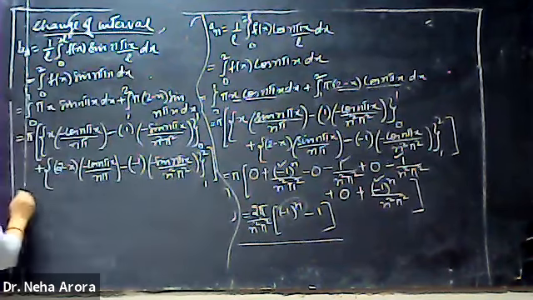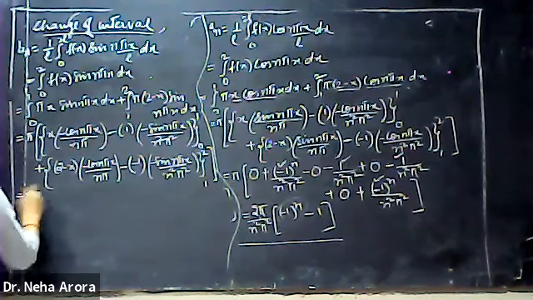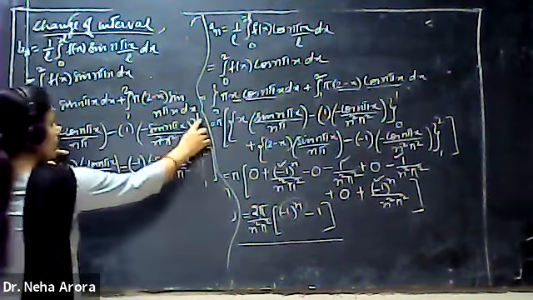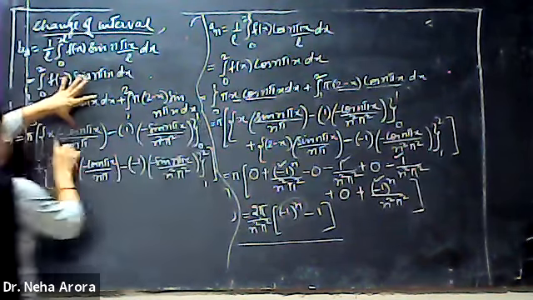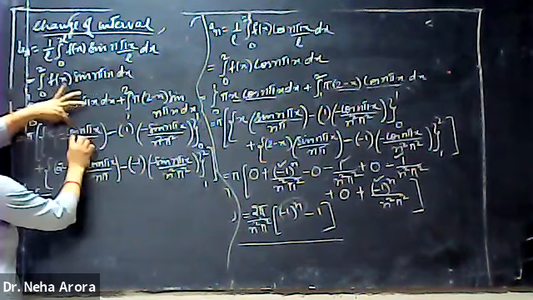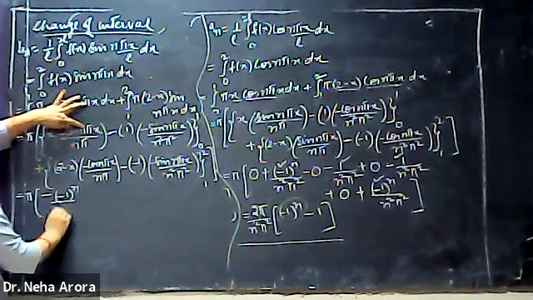Now let's come to the limits. Pi outside term will remain same. Start with your square bracket. Firstly, let's come over here. See, upper limit is 1. X equal to 1. Negative sign as it is. Cos n pi is minus 1 raised to the power n upon n pi.